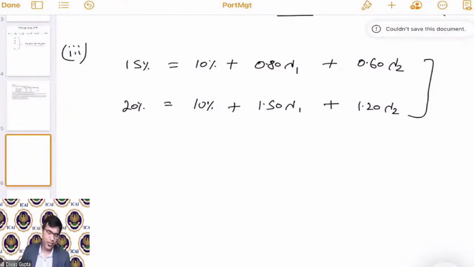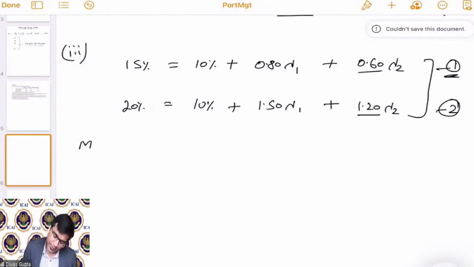And what we can do is, using the equation solving technique, we can just multiply the equation 1 by 2 and subtract it. Because if you see this 0.60, 1.2, if we multiply this entire equation 1 by 2 and subtract it from 2, then we can get the equation solving here.